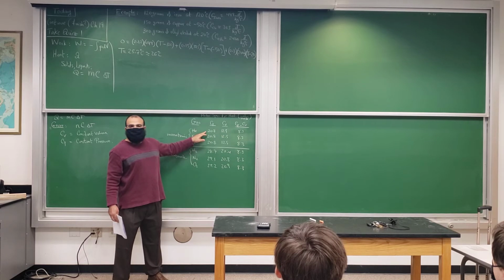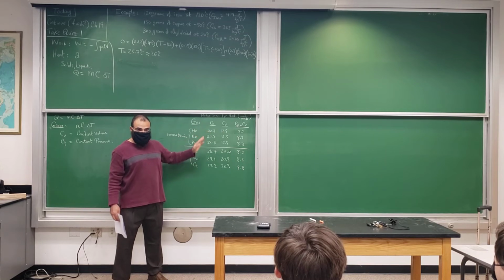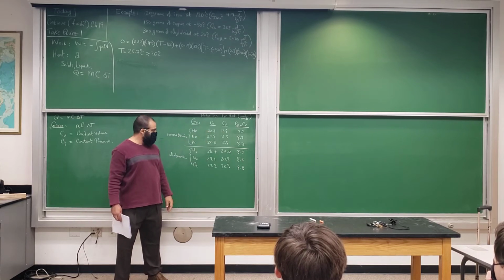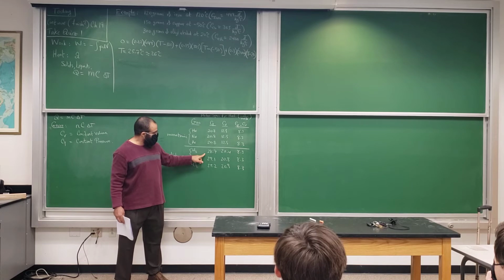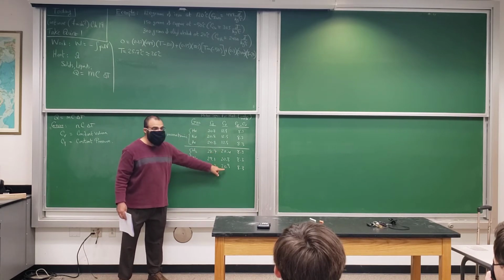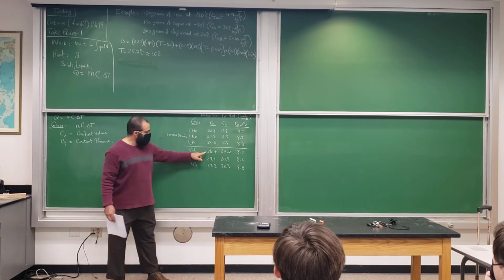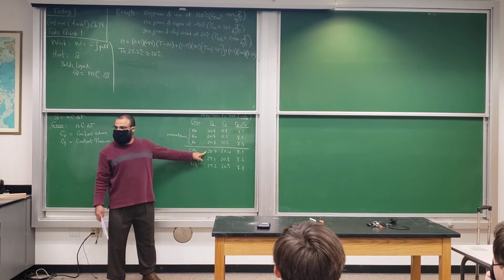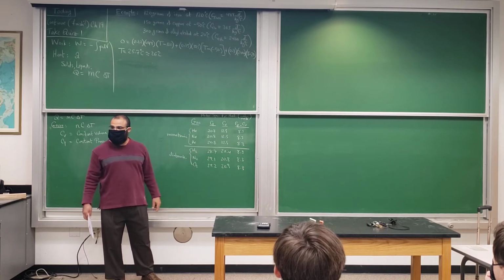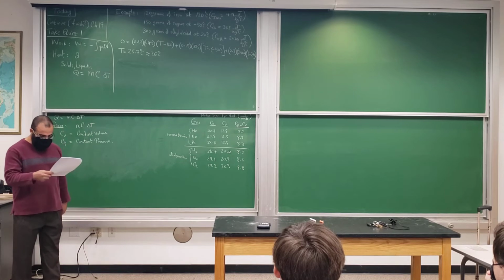For Cp, it's about 2.5 times R, because the difference between them is 1 R. So for diatomic, Cv is 2.5 R and Cp turns out to be about 3.5 R. We'll see this in a little bit.